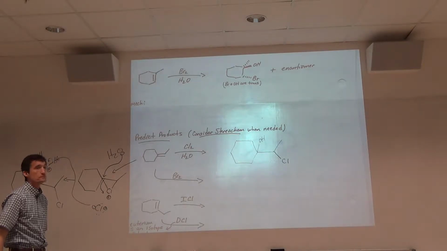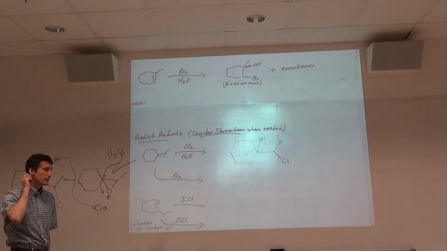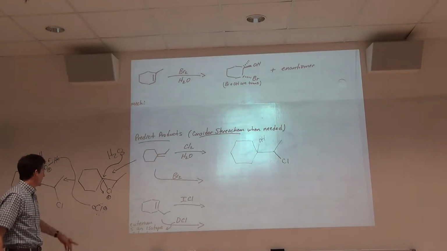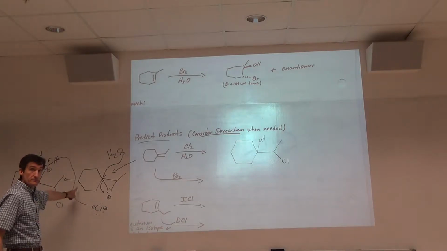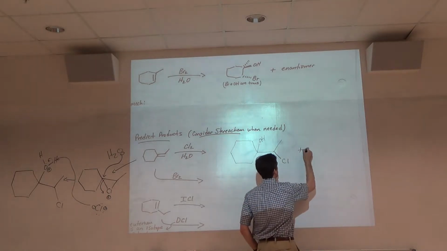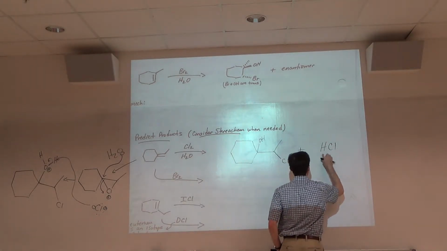Could water also have deprotonated? I can't hear you. Could water also have deprotonated without the chlorine? Water could have taken the H. Yeah. Because what else did we make here? HCl. How does HCl exist in water?